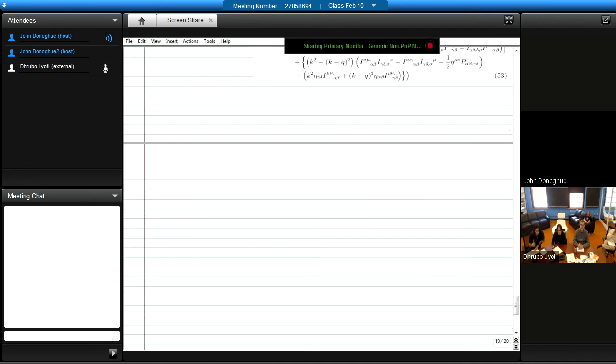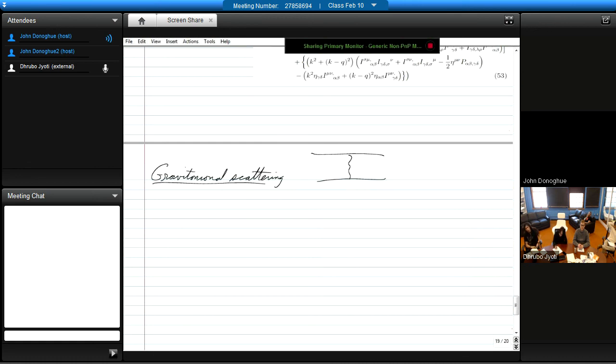Okay, so here's our first Feynman diagram. Let's do gravitational scattering. We look at 2 particles interacting by gravity.